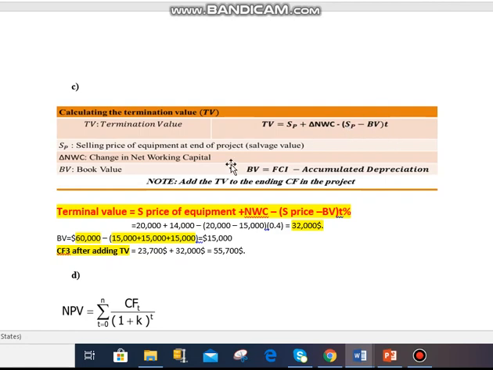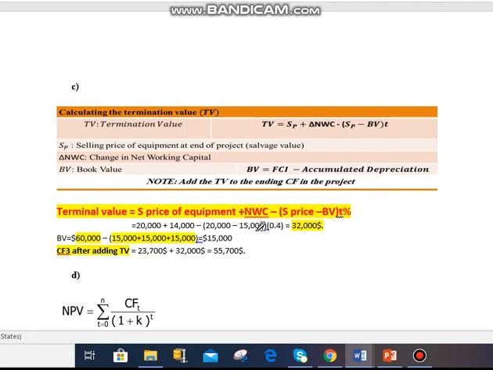So if we want to apply this formula, the selling price of the equipment is equal to $20,000 plus net working capital, which we used in the initial investment, which is $14,000, which is given, minus the selling price of the equipment minus the book value. The book value is $15,000.